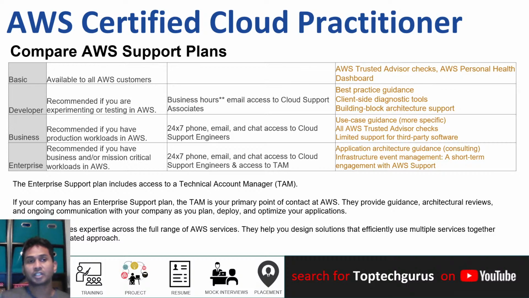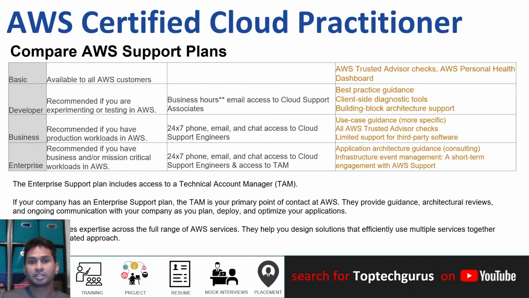The biggest advantage of enterprise is the technical account manager, the TAM. This is again something I see a lot in previously asked questions. AWS talks about the technical account manager. A technical account manager is somebody who will be your primary point of contact when you have an enterprise tier plan.